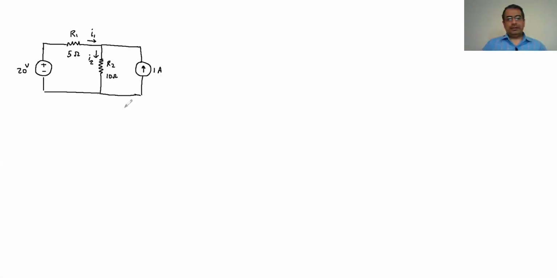These two are similar with the Norton, I can replace it with the Thevenin. So first, to show how we can do that, the first step is that I replace these two with the resistance and battery.